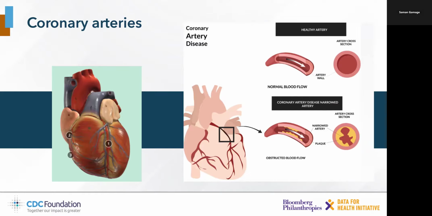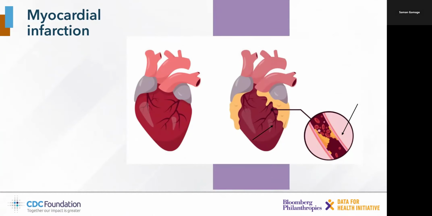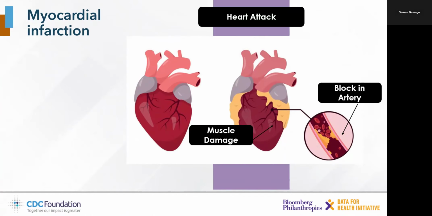But when there is coronary artery disease, the artery lumen is narrowed and there is obstructed blood flow, which can lead to myocardial infarction when there is inadequate blood flow to the heart muscle. Arteries can be blocked, and that can lead to heart attacks due to the muscle damage caused by inadequate blood supply.